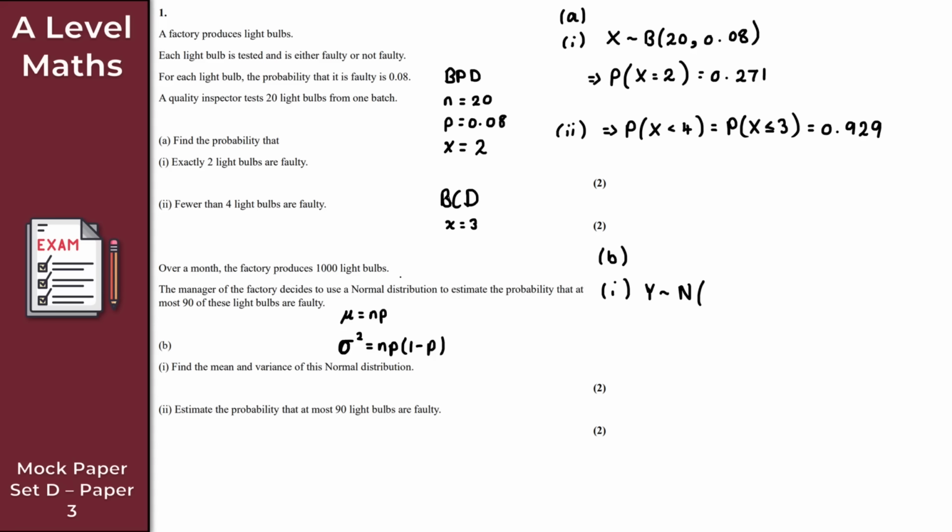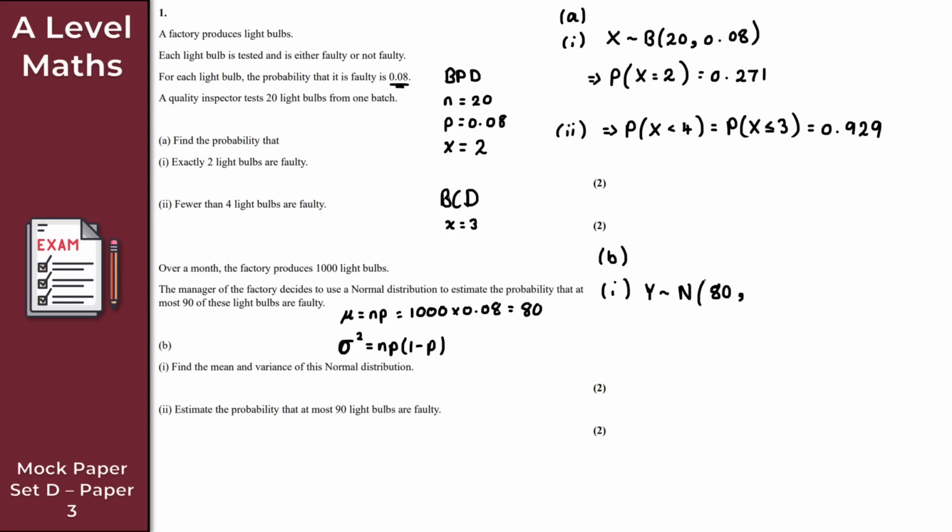So np here, that's going to be 1,000, because that's our sample size here, 1,000 light bulbs. And we times that by the probability of success, which again, it's not really a success, but it is this probability here of 0.08. So 1,000 times 0.08, and that gives us 80 there. Okay, so the mean here is 80.